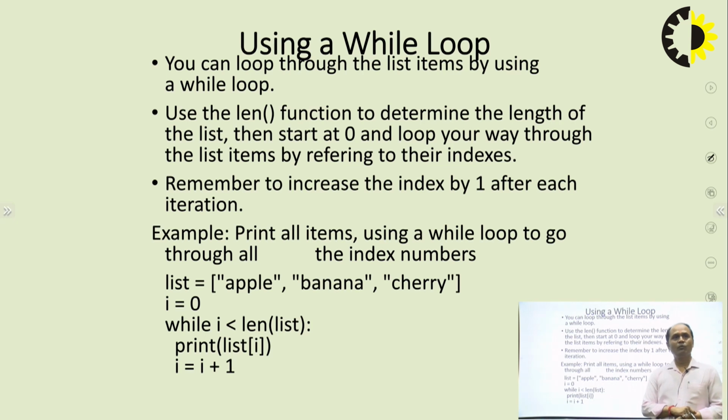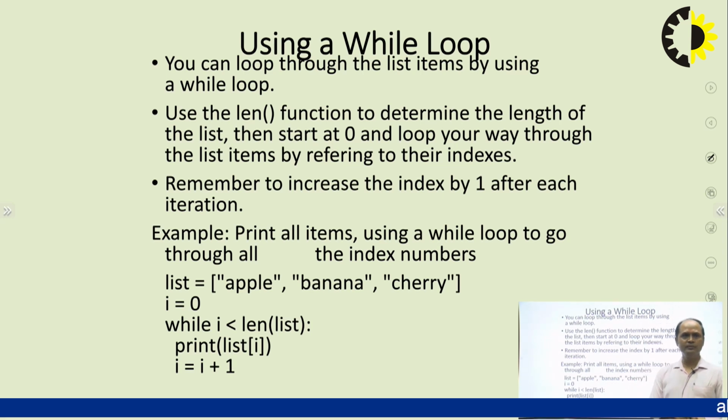We will also use the while loop for printing the list data items. The len function, which we already discussed, defines the length of a list. It starts from 0, and the loop goes through the list items by referring to their index number and increasing the number by 1.